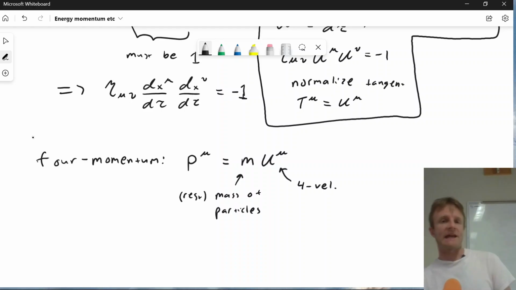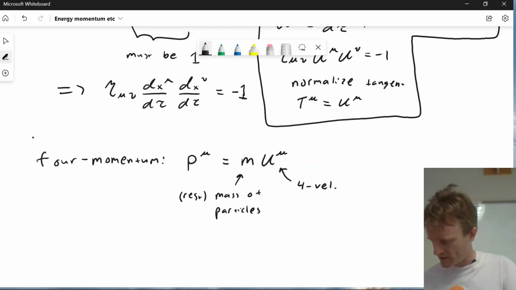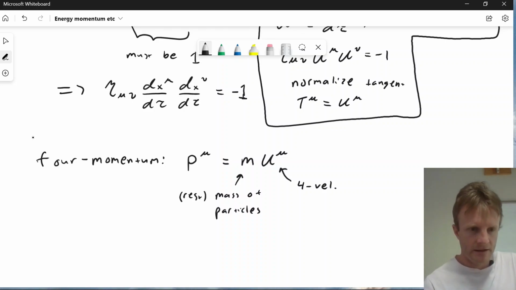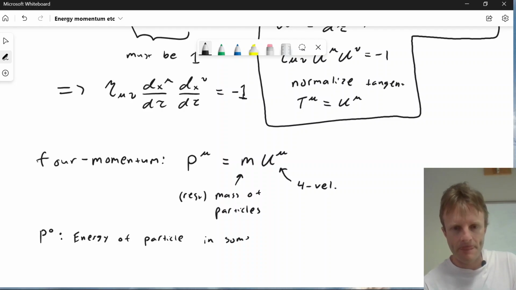Okay, and this is a natural thing to do. Our 4-velocity was dimensionless, and now we've multiplied by a mass. And we have the speed of light set equal to 1, so mass is like energy and momentum. So we have the 4-momentum. And what is the interpretation of this thing? P^0 is the energy of the particle in some frame.